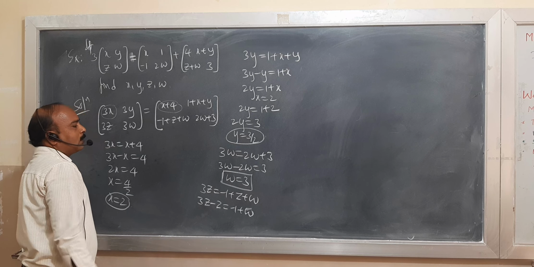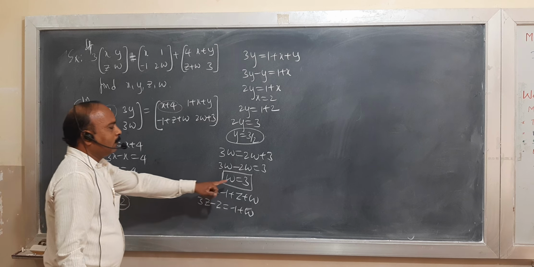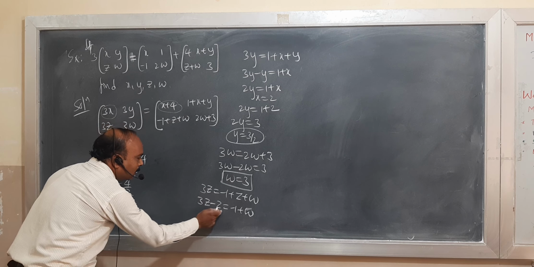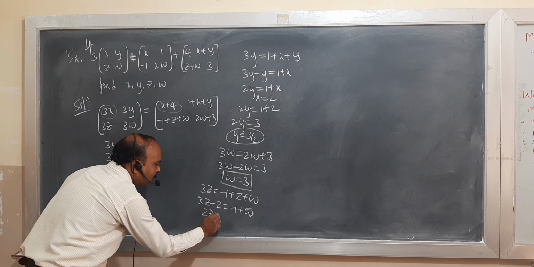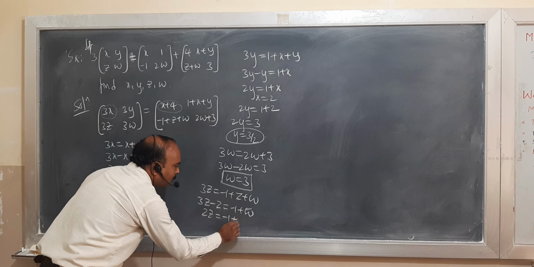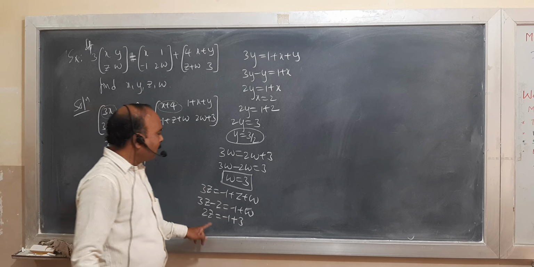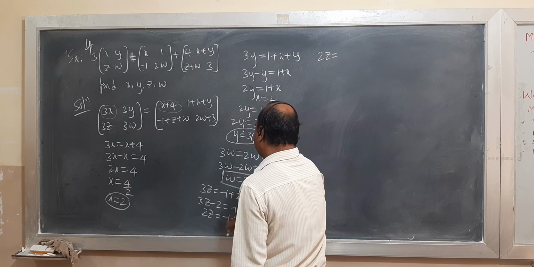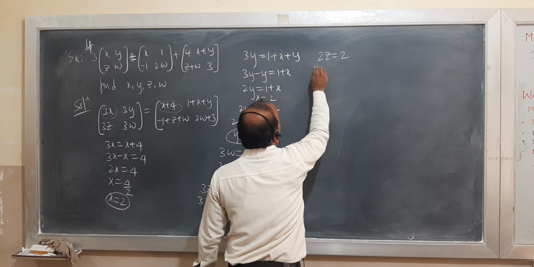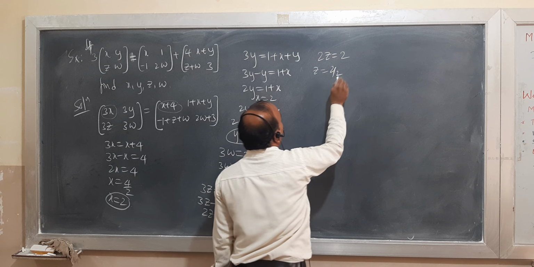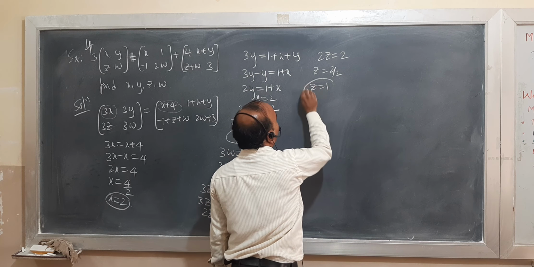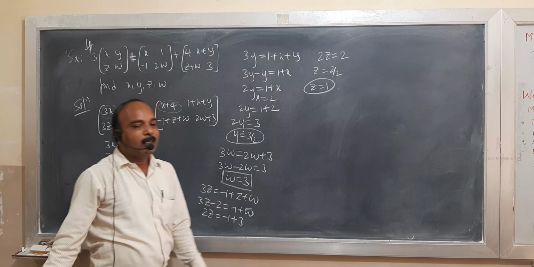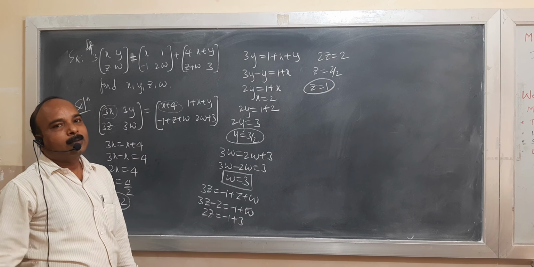Now you know that already the value of w, substitute here. 3z minus z is 2z equal to minus 1 plus 3. 2z equal to minus 1 plus 3 is 2. Therefore z equal to 2 by 2, z equal to 1.